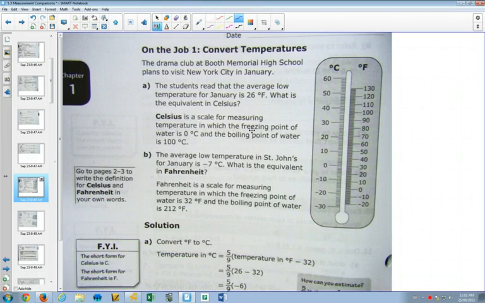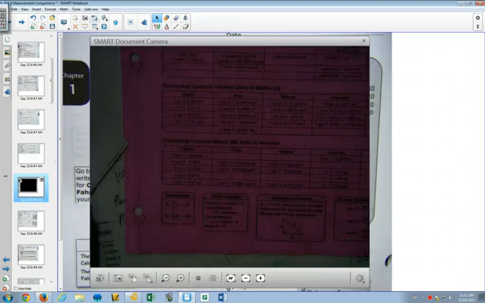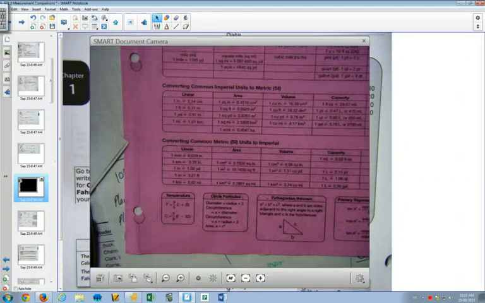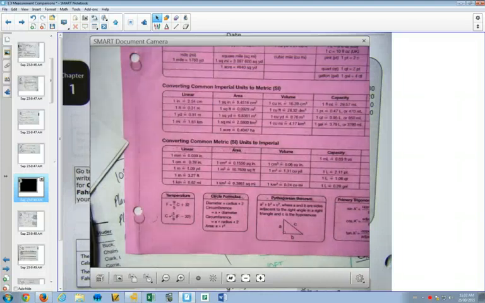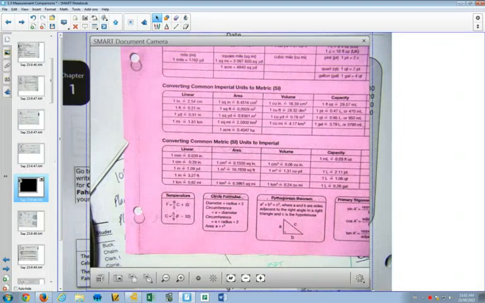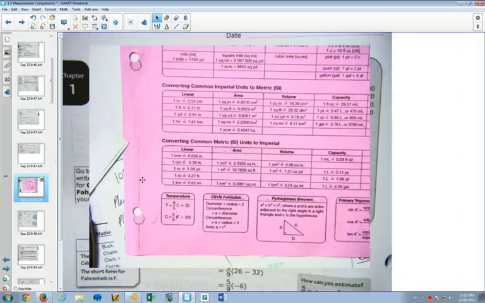Now if you go to your formula sheet, in the bottom left-hand corner of your formula sheet is temperature.